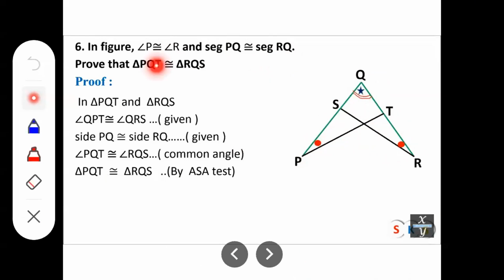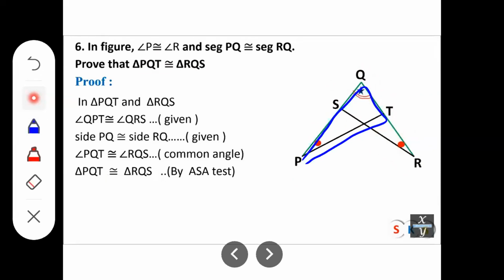Then prove that triangle PQT is congruent with triangle RQS, this one. Now observe the diagram carefully here.